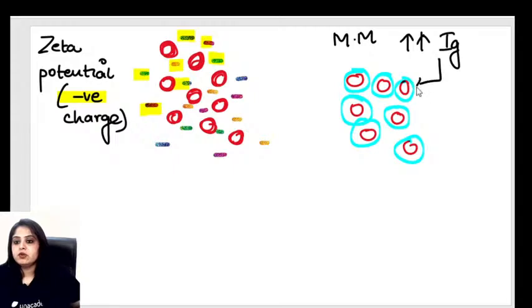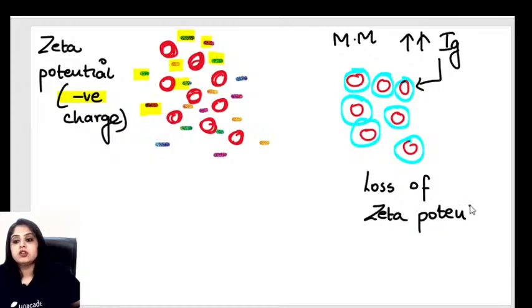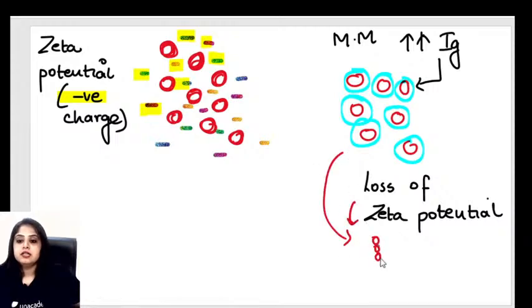Because all these antibodies are coating them, can I say there is a loss of that negative charge, a loss of zeta potential, that is going to occur? So now they are no longer showing that negative charge. That negative charge has been masked, it has been covered. So do you think now they are going to stay away from each other? Or now, because of the zeta potential being lost, they'll end up coming close to each other, and if they come close to each other, they'll make a stack of coins.